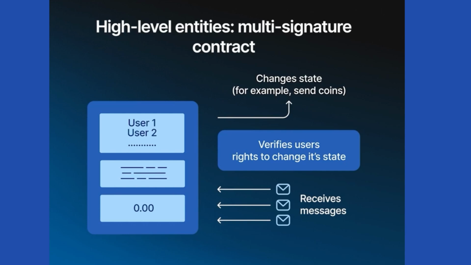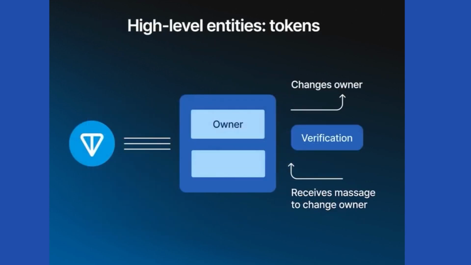And also the contracts are used to build some things that you don't typically think of as a contract. For instance, tokens. In TON, the token that you can transfer is really a separate contract that has its own state that specifies some attributes of this token, and one of these attributes is the owner.